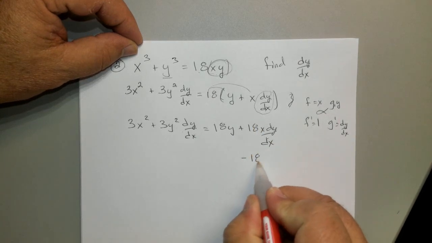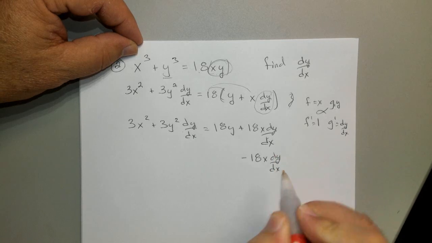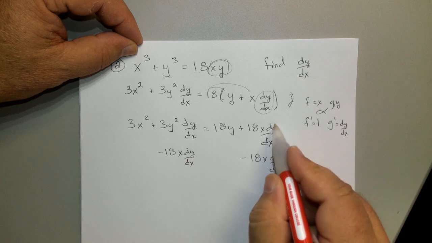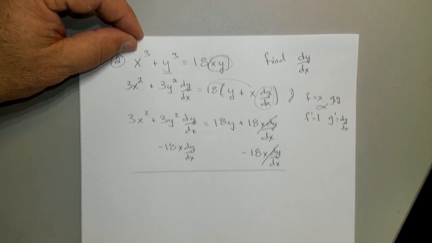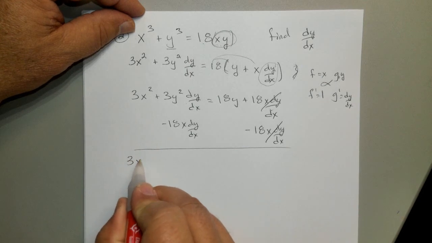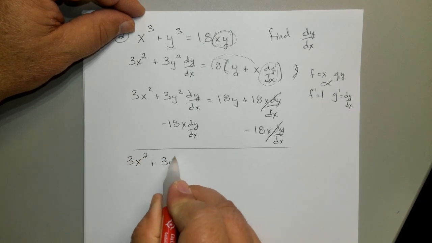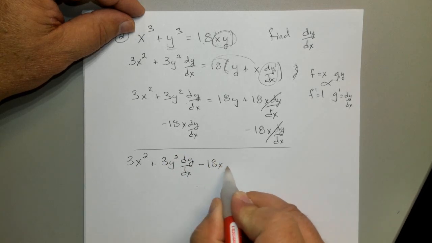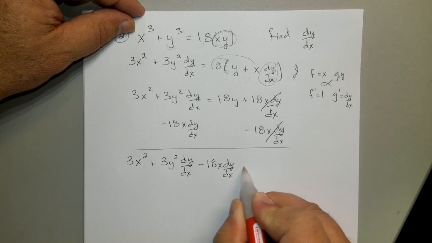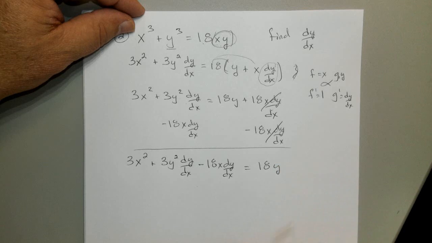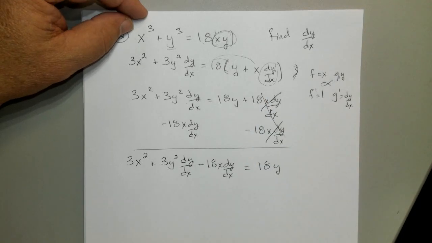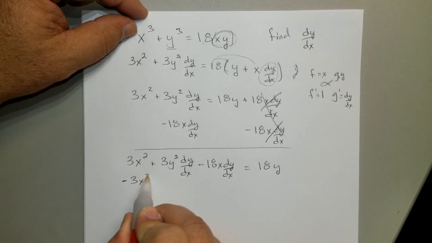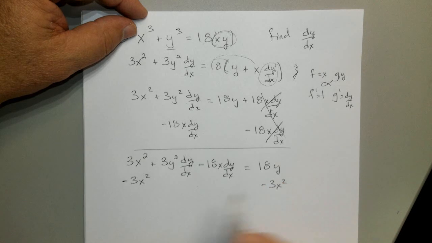Let's subtract 18x dy dx from both sides. 3y squared dy dx minus 18x dy dx equals 18y, because these are gone. Get rid of the non-dy dx. Subtract 3x squared from both sides.